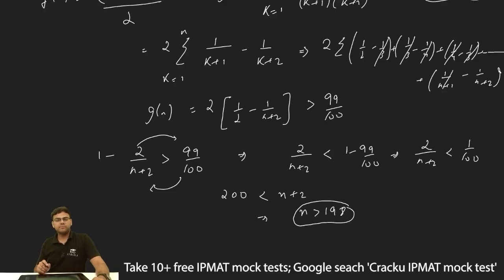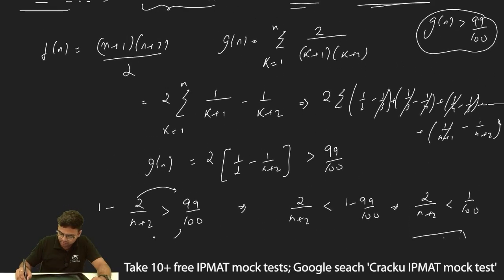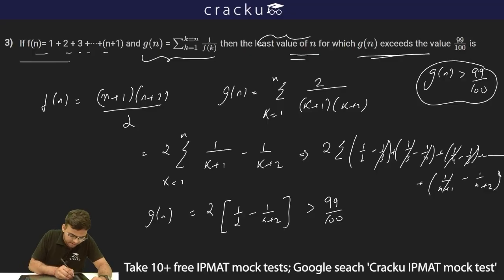Now n should be greater than 198, and we need to find out the least possible value of n such that Gn exceeds 99 by 100. So the next value which is the least is 199. Thus I can say the value of n will be 199.